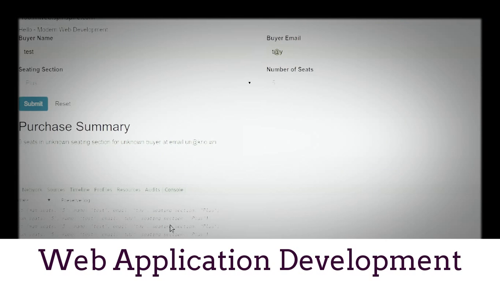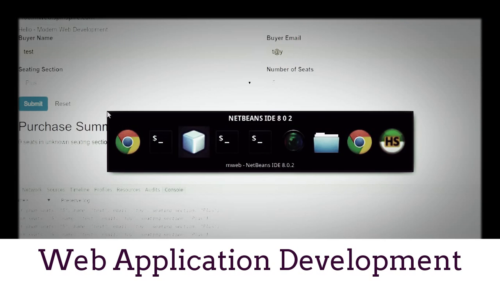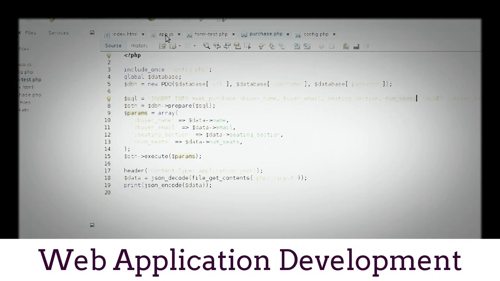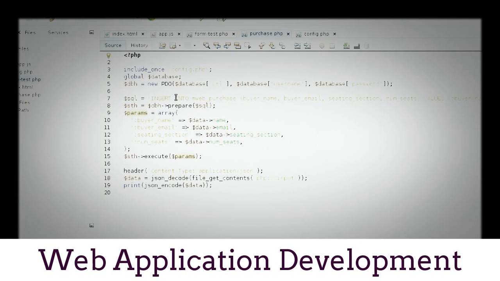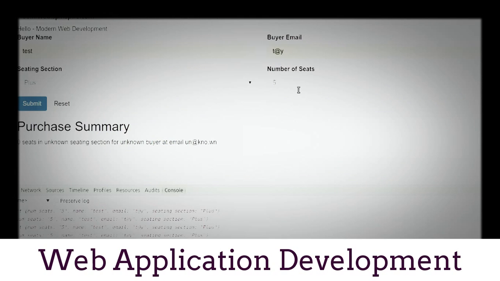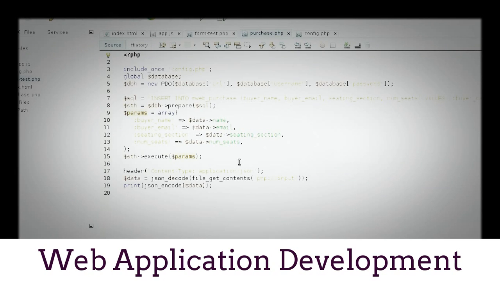On the server, hopefully app.js is sending to purchase.php, and purchase.php has all this stuff. It should kind of work. Let me make sure I did not make any mistake. Okay, I discovered my error. What I had done completely wrong was that the $data object doesn't even exist.